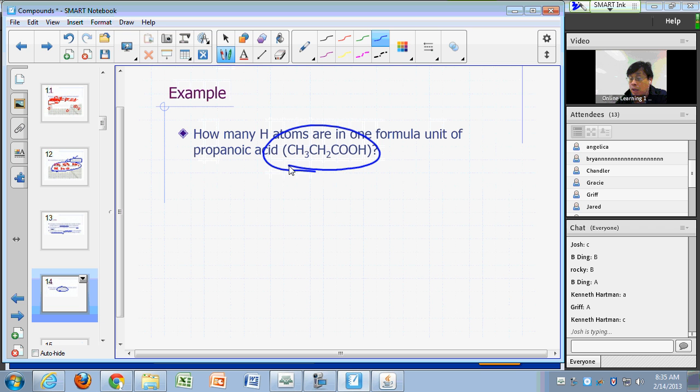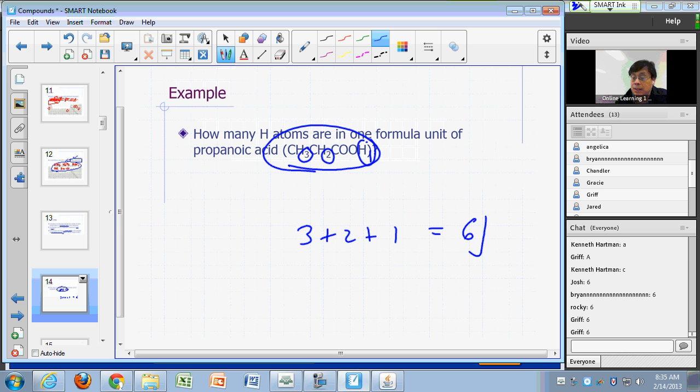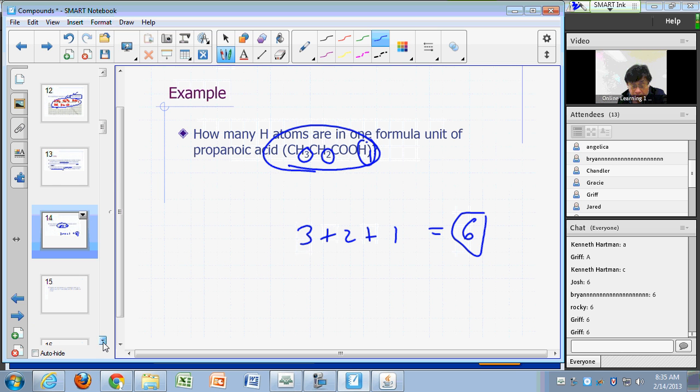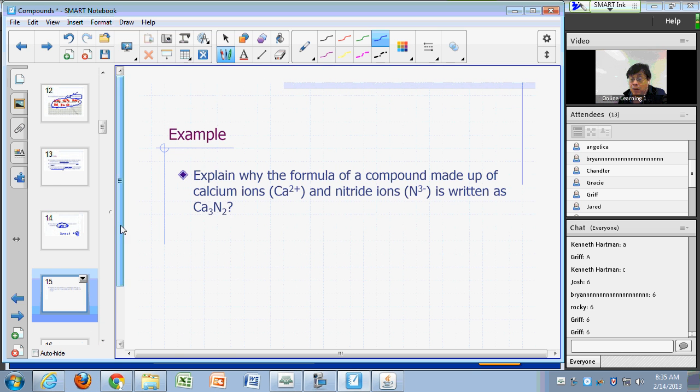How many hydrogen atoms are in one formula unit? So 6. There's 3 here, plus 2 there, and there's 1 there. No subscript on the hydrogen means 1. So 3 plus 2 plus 1 gives you 6 hydrogen atoms in one molecule. One molecule of this molecular compound is one formula unit.